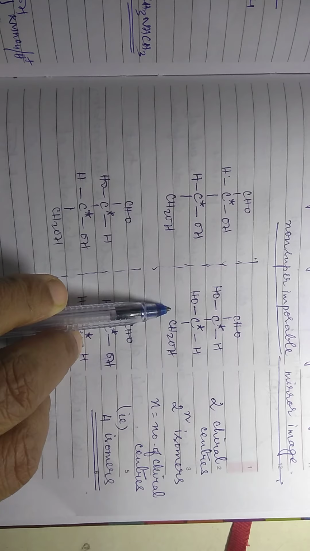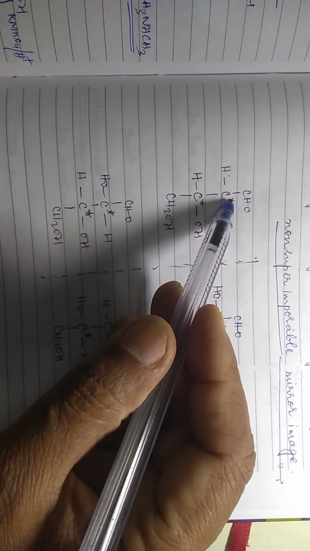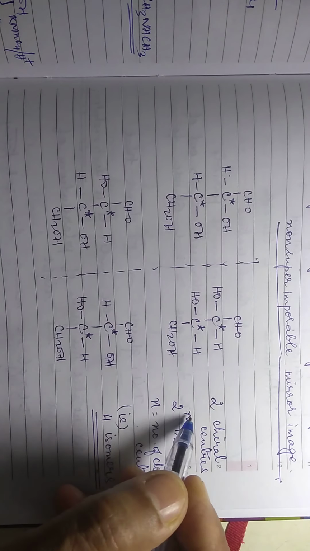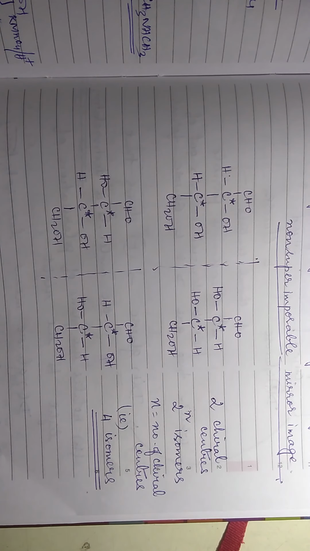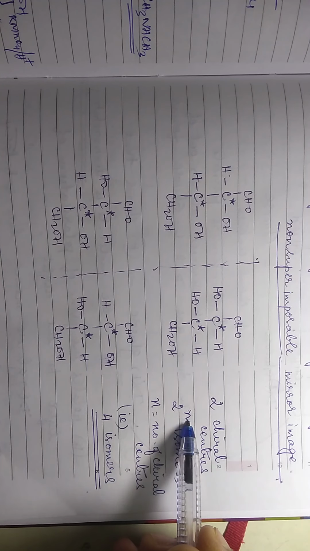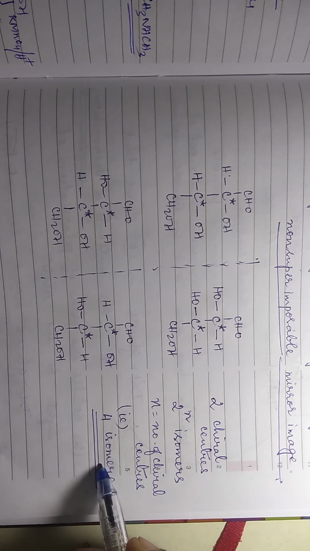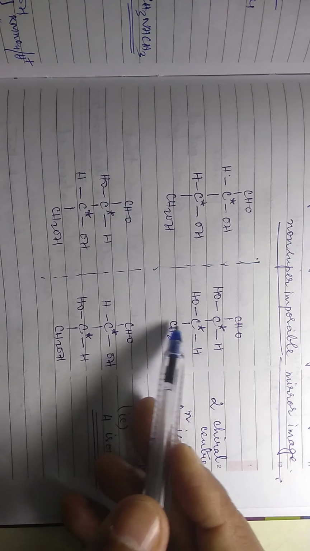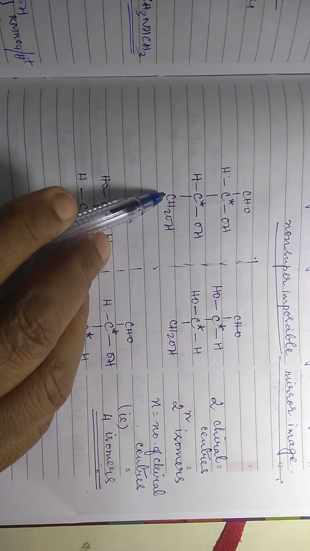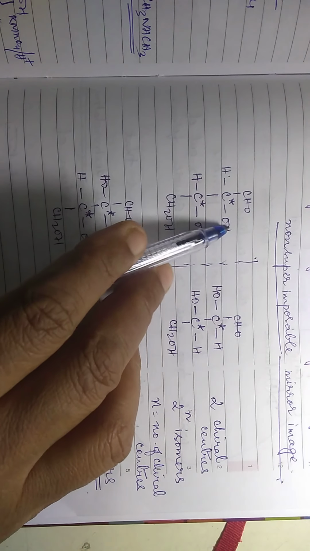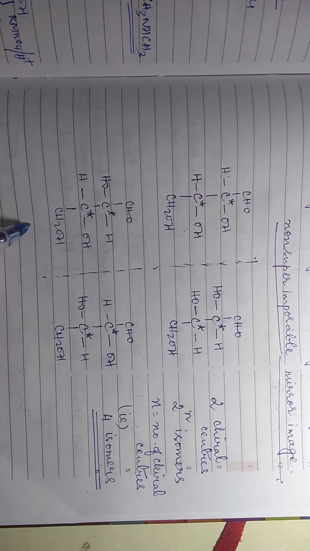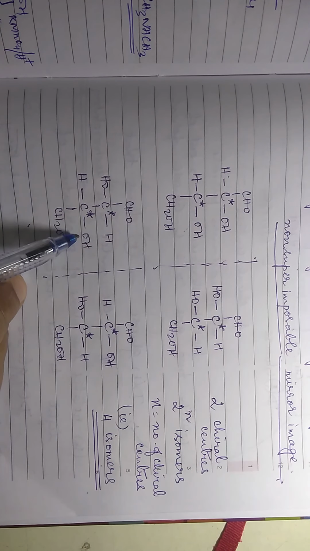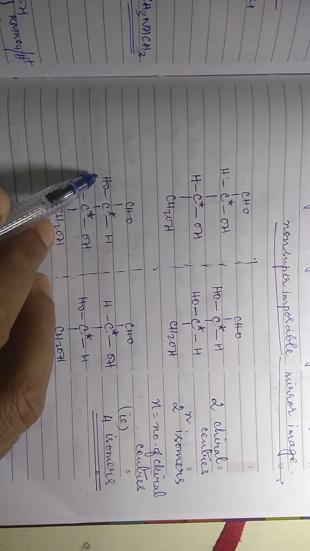Now, how many chiral centers, asymmetric centers are there? 2. Okay. What I said, 2 power n is the formula to find out how many stereoisomers are possible. So if there are 2 asymmetric centers, 2 power 2, how many isomers possible? 4 isomers possible. Now see how I have written the 4 isomers. One is taking the OH group of both the asymmetric carbons on the same side, and in the other one I have taken one OH on the right and one OH on the left.